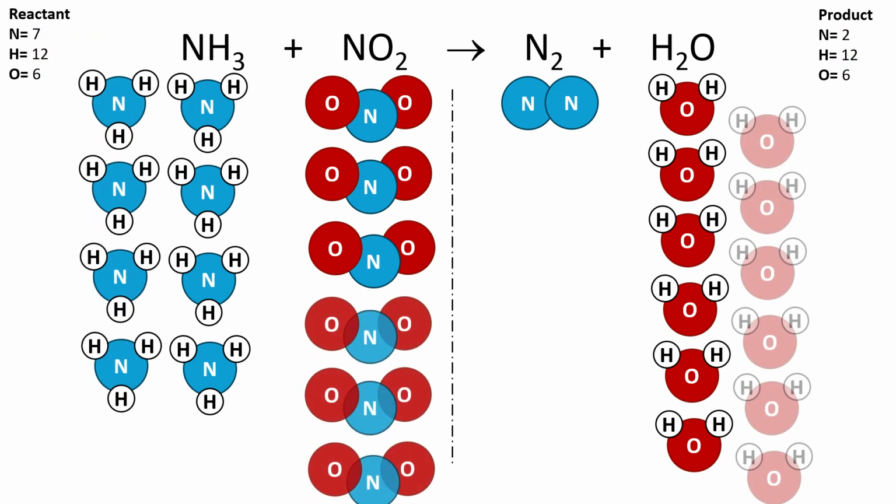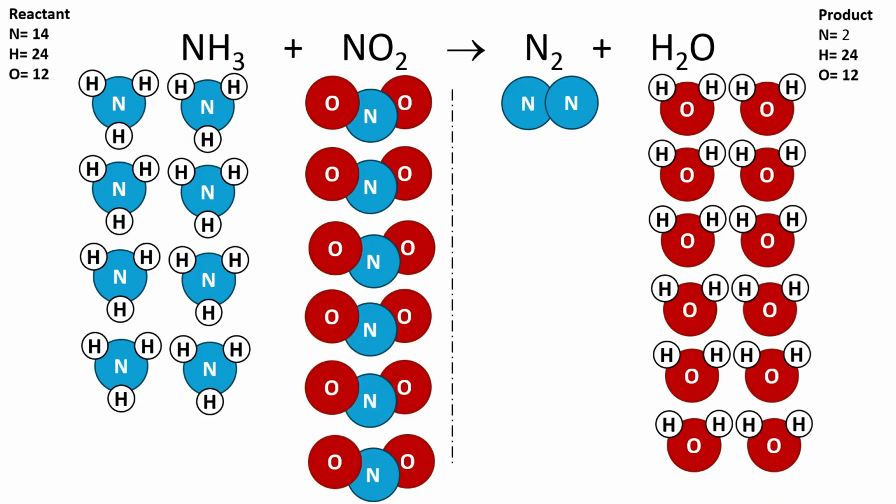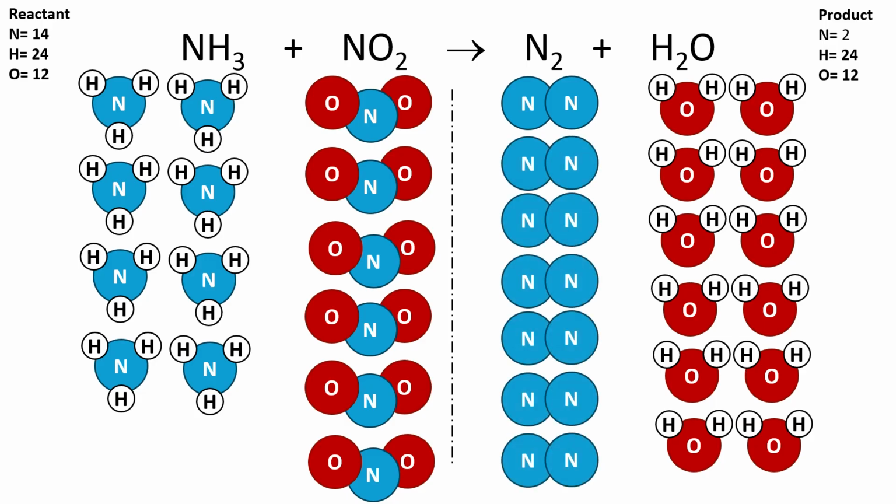I multiply everything by 2, which now gives me 24 hydrogens, 12 oxygens on my reactant side, 24 hydrogens and 12 oxygens on my product side. And now I have 14 nitrogens on my reactant side, and I can easily get 14 nitrogens on my product side by adding my nitrogen. So now this turns into 14.